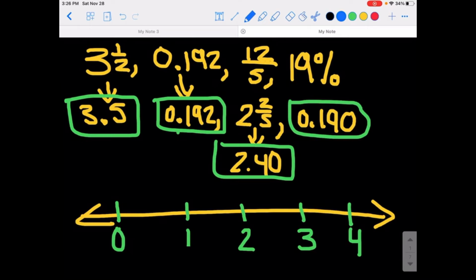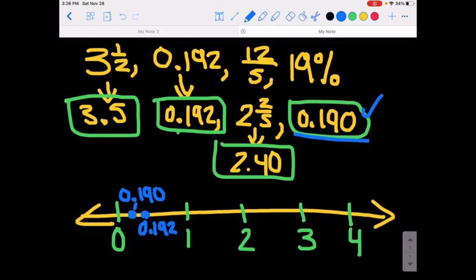0.190 is the lowest number, so this will go first over here. You can check it off on the side. Our next one is right here. It's very close. It's 0.192.